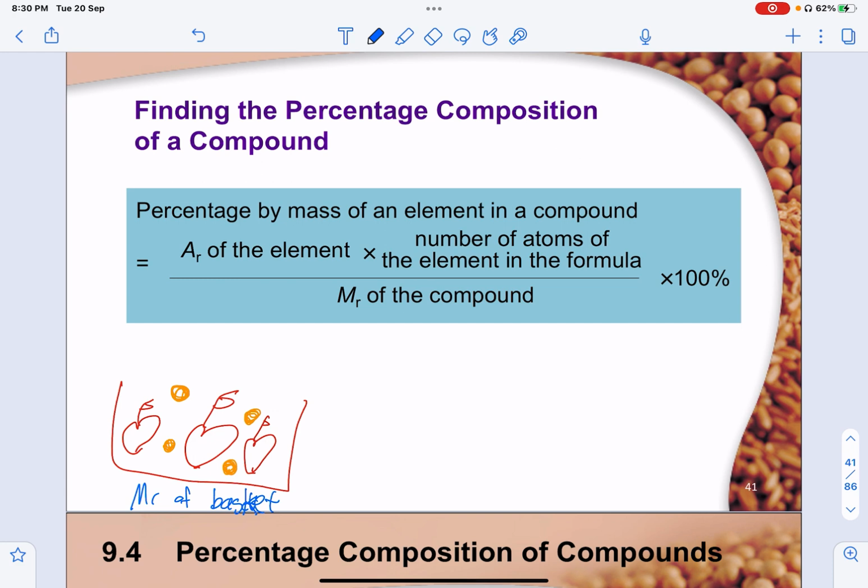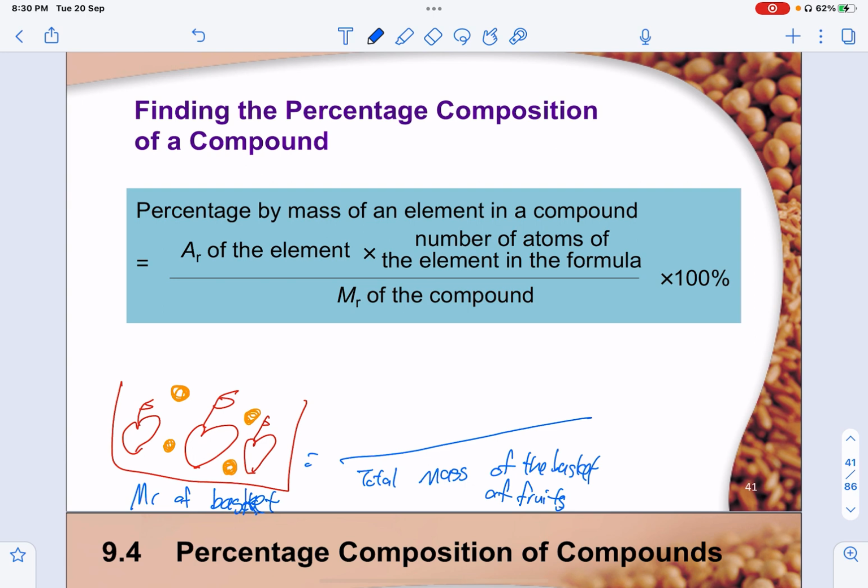So it's the total mass of the fruits. And then when you want to formulate it, it will be the total mass of the basket of fruits.